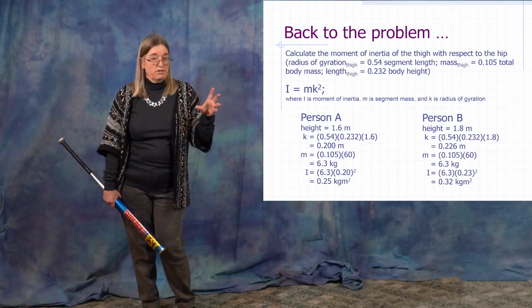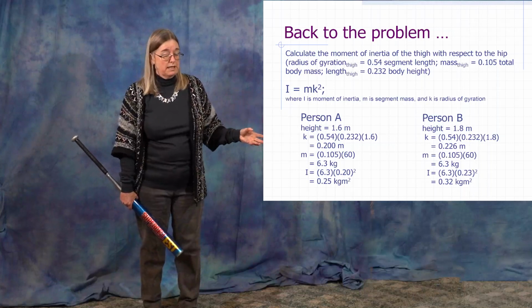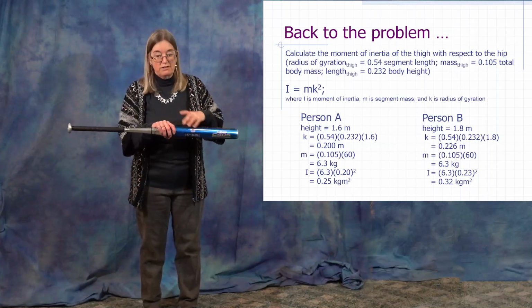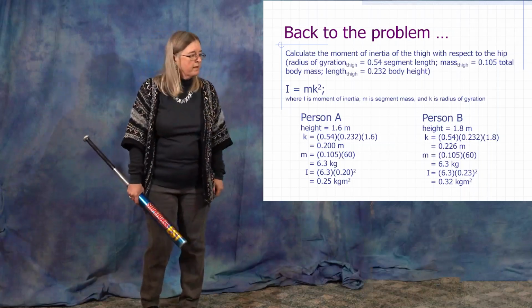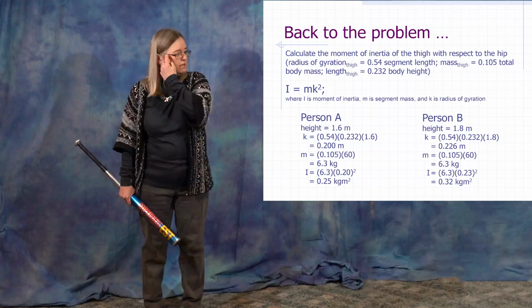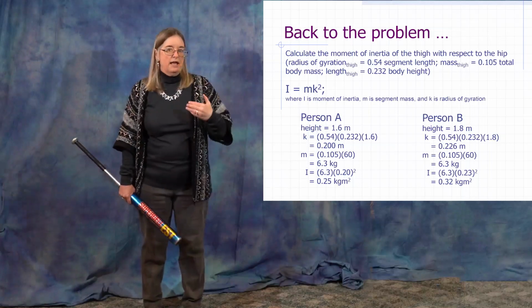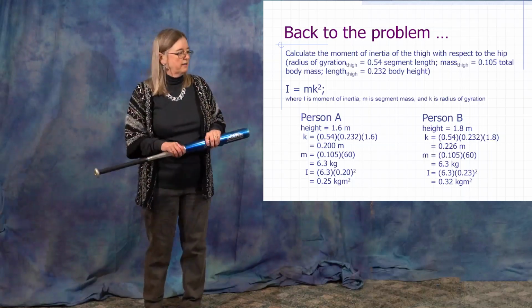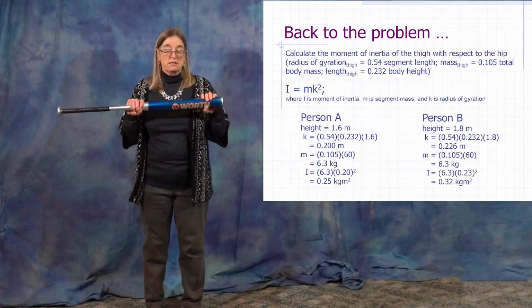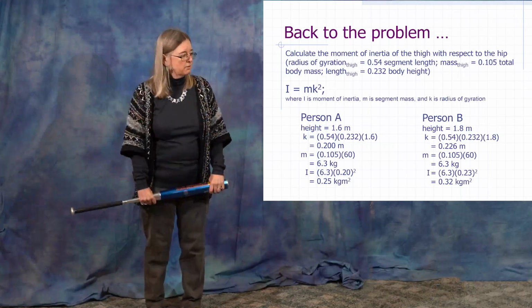Very similar to how we did it with the center of gravity, only this is not something you could have tried to figure out on your own. The mass of the thigh is 10.5% of the total body mass, and the length of a thigh is 0.232, or 23.2% of your total body height.